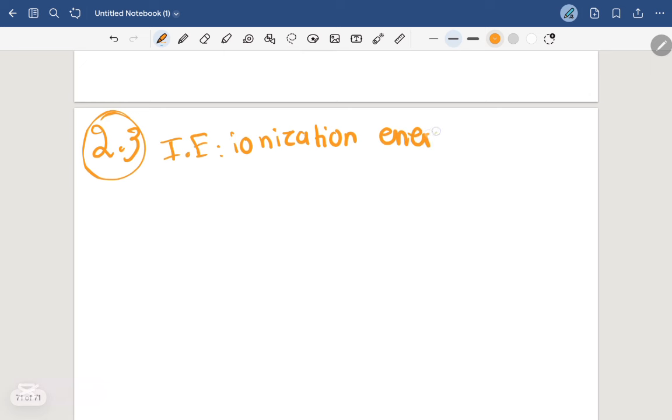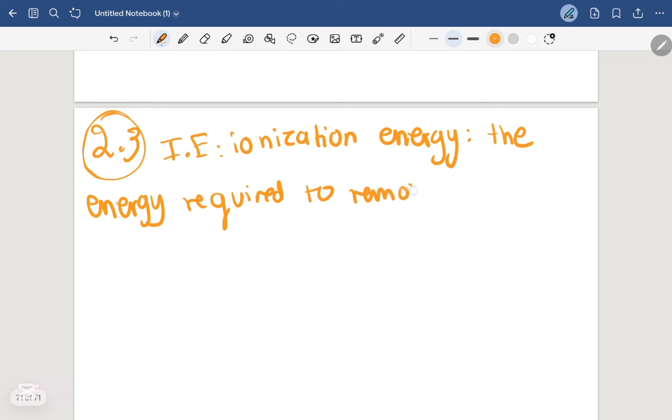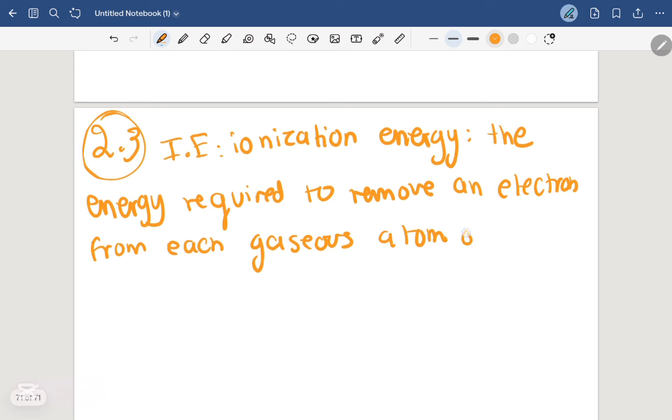energy. What is ionization energy? It is the energy required to remove an electron from each gaseous atom or ion in a mole of atoms or ions.